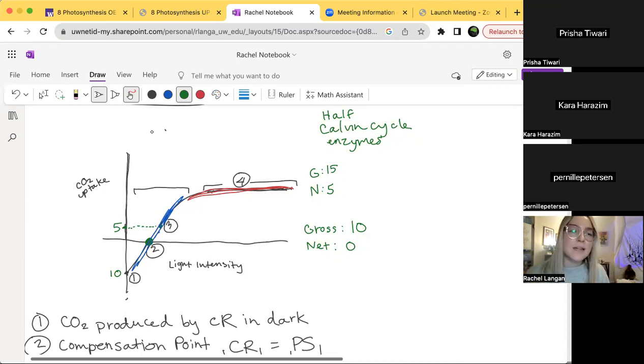And the unit packet answer key says not only would it plateau at a lower point, so the total CO2 uptake at max would be lower because you have half as many Calvin cycle enzymes, half as much Calvin cycle happening, but it said you would also decrease the slope, and you would make the compensation point move to the right.